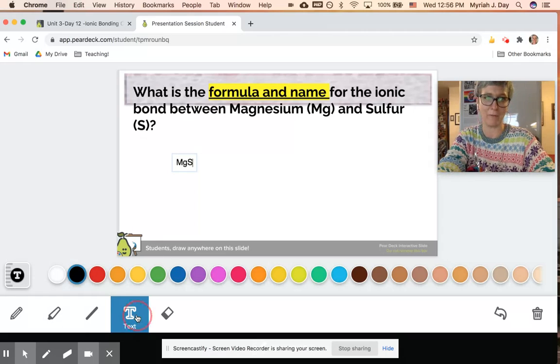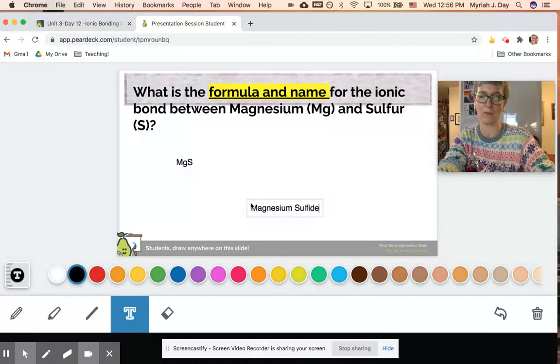And the name for it would be magnesium, same first name, but the sulfur would not be sulfuride, it would be sulfide. If you write sulfuride on the assessment, you will also have an opportunity to get credit for that, but it is sulfide. Then moving on to our next example on this pair deck.